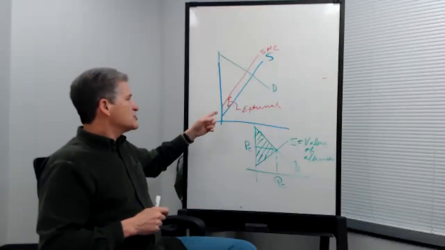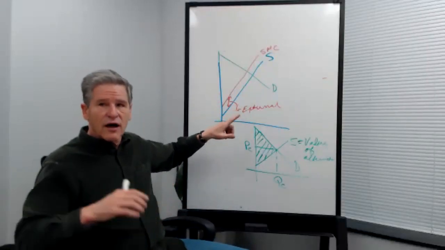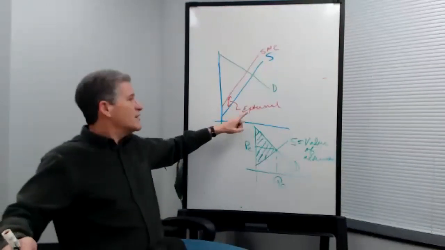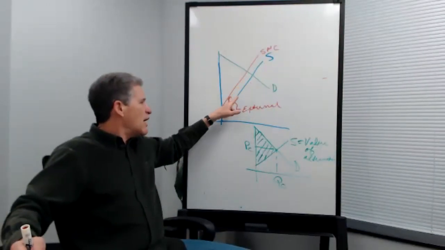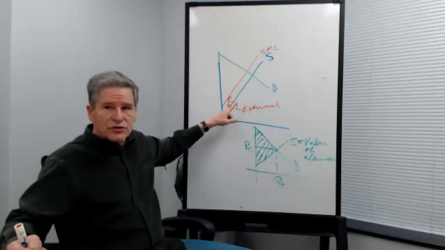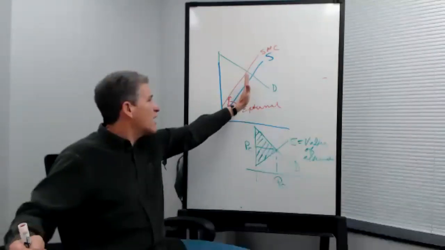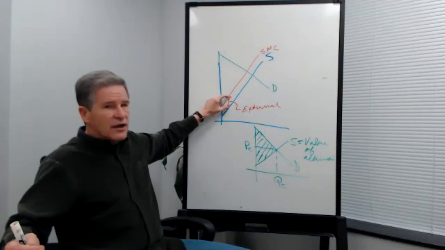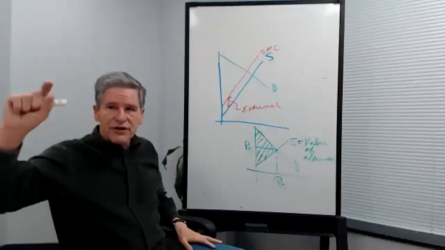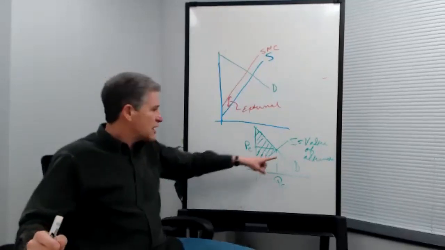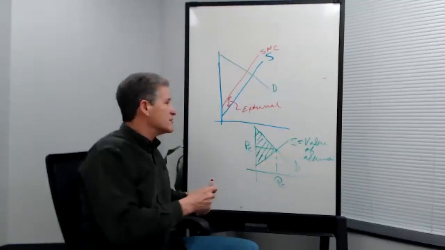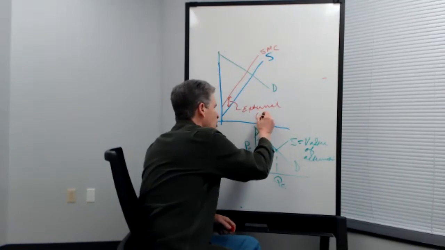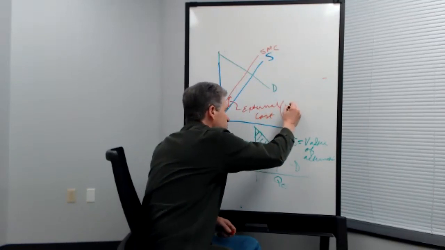So now part of the cost of making this item is all of the resources used in actually making the item, measured by the height of the original supply curve. And then I have to factor in the value of that externality.